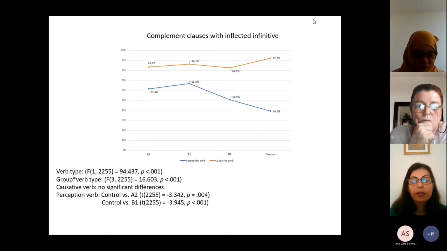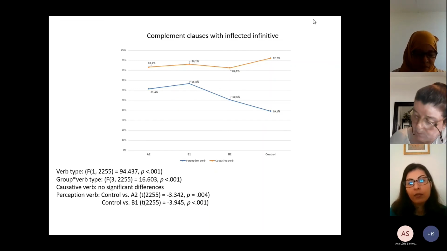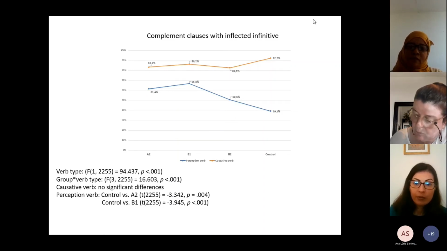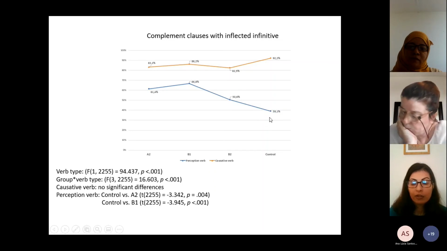In the case of the causative verbs, the results of the control group and of the L2 speakers are very similar, and we found no significant differences. In the case of the perception verbs, however, the control group shows lower selection rates. And this can be explained by 2 factors.